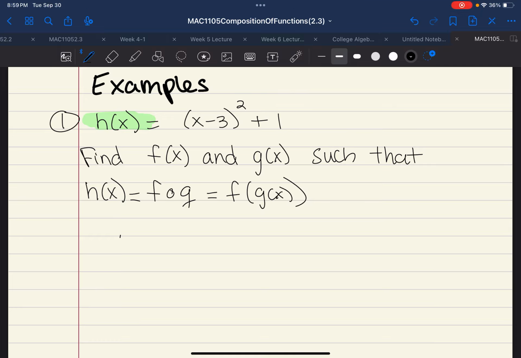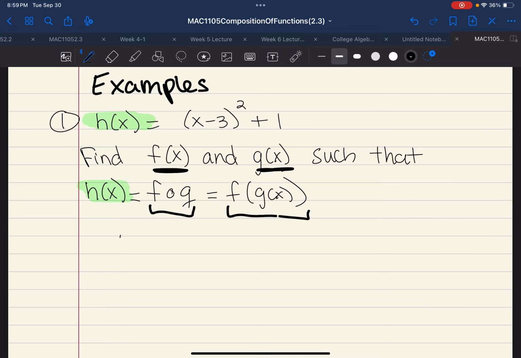And it wants me to find f of x and g of x such that h of x is equal to the composition of f of g. So this is just what we were just doing. So again, that notation, f of g, is the same thing as f of g of x.